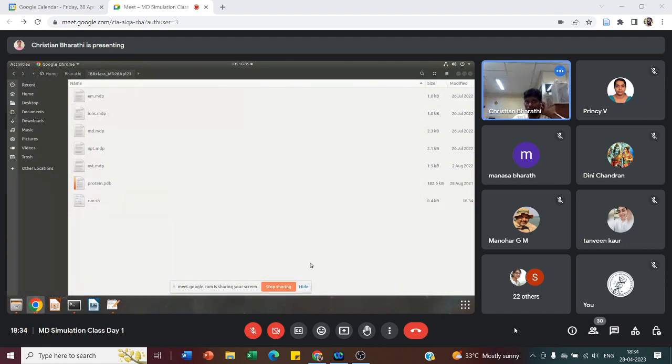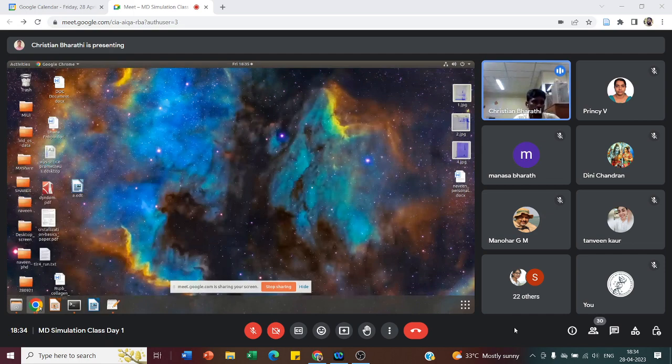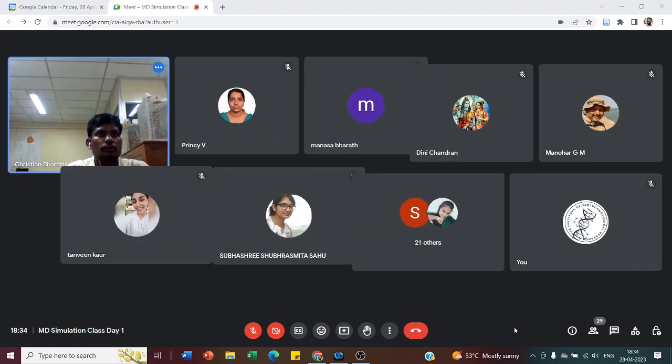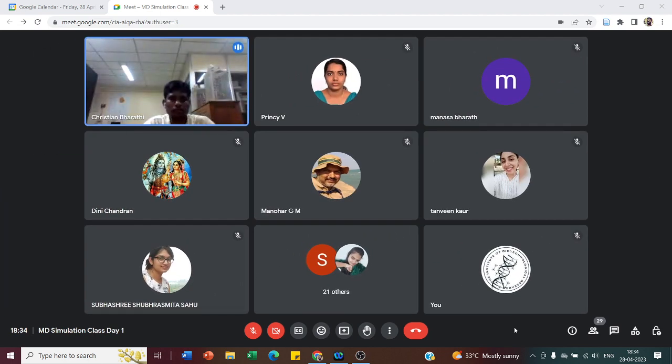Before starting that, I want to say something about the GROMACS tool. GROMACS is free software, and it can do high-end dynamics using so many advantages in the software. GROMACS stands for Groningen Machine for Chemical Simulation.